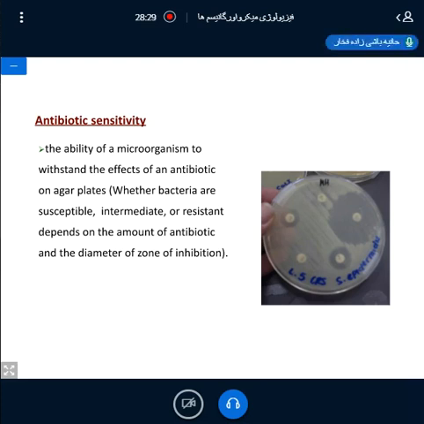Antibiotic sensitivity. This is another phenotyping character: the ability of microorganisms to withstand the effect of an antibiotic on paper disks. Whether bacteria are susceptible, intermediate, or resistant depends on the amount of antibiotic and the diameter of the zone of inhibition.